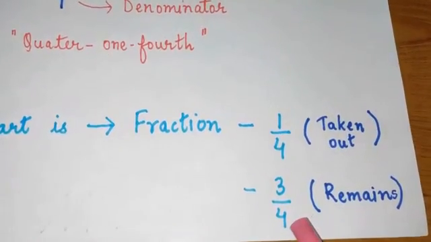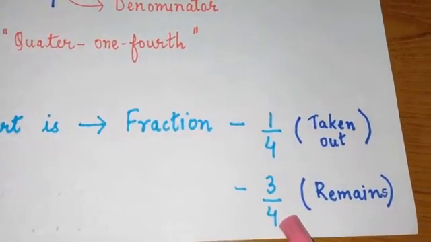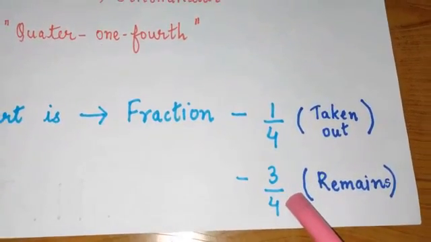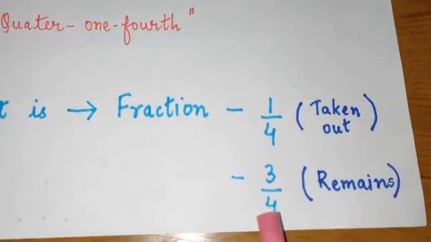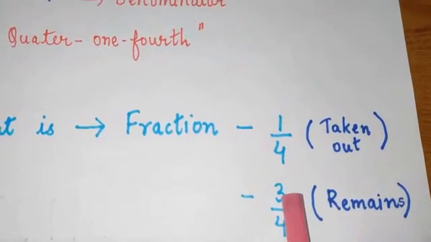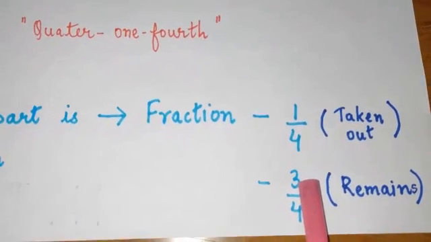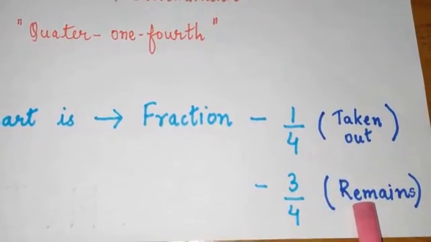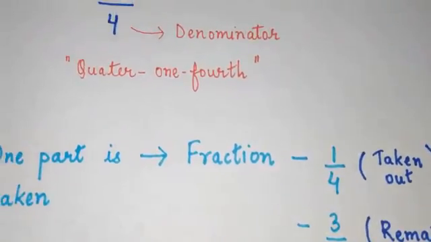And the fraction of pizza that remains is 3 by 4. How is it 3 by 4? Because there were 4 parts in total and 3 of them were not eaten by me. So the fraction of the pizza that remains is 3 by 4.